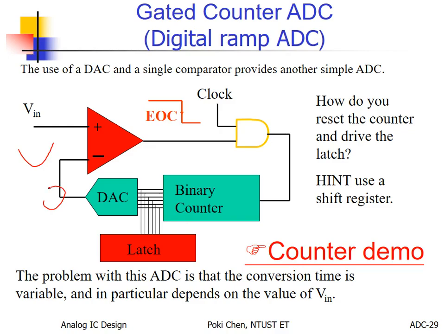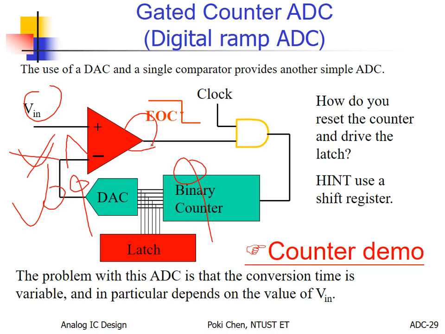Then you increase the counter and also the output of your DAC, gradually, until your V-out is larger than V-in, then the output of the comparator will become 0, right? To stop the clock. The clock for what? To count up the counter. Bingo. That's it. That's very easy to understand.